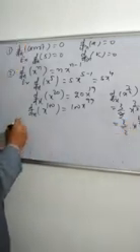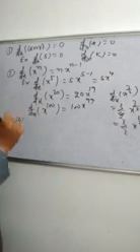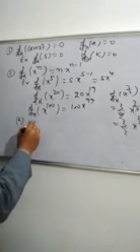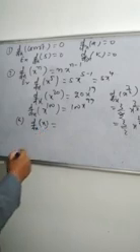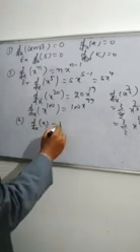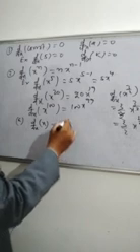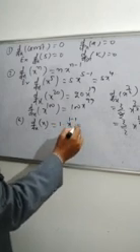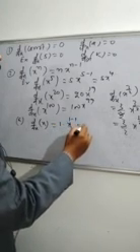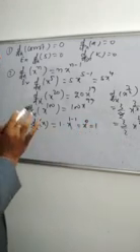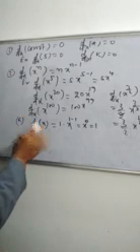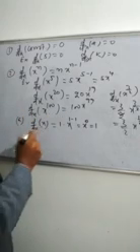Some multiple formulas from this formula: the derivative of x has power 1, so 1 into x to the power 1 minus 1, that is x to the power 0, which is equal to 1. So always remember the derivative of x is 1.